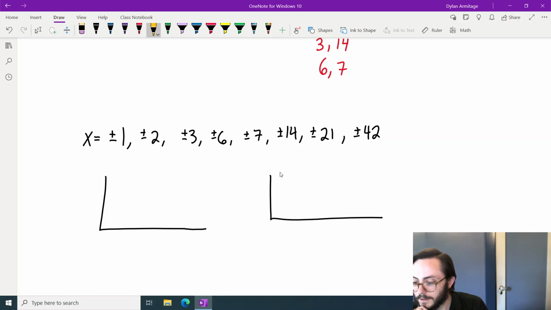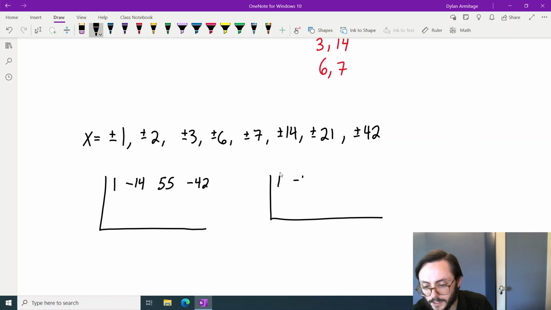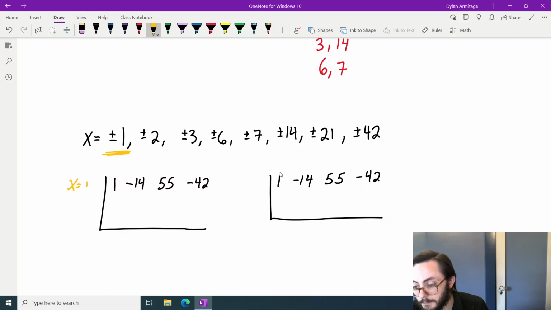Okay, so let's put our coefficients in here, which are 1, negative 14, positive 55, and negative 42. So start with the first one. X equals positive 1. X equals negative 1.